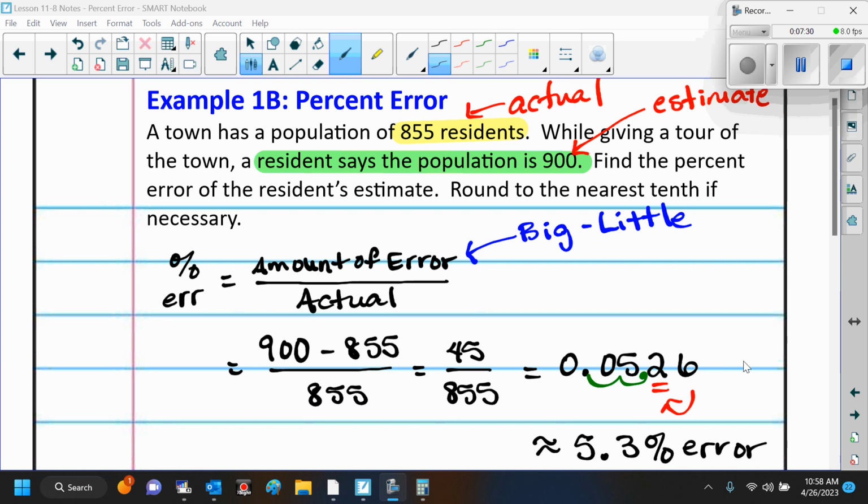It keeps on going, but I stopped here because I just need enough to round to the nearest tenth after I move the decimal. So once I change it to a percent, it becomes 5.26 something. The 6 tells me to round the 2 up. So that's how we got about a 5.3% error.